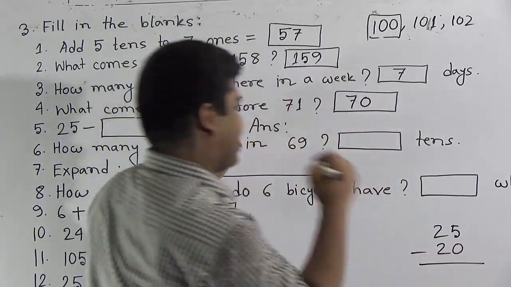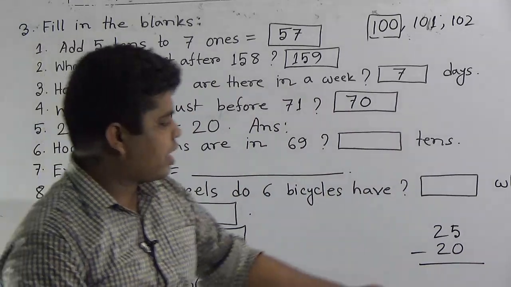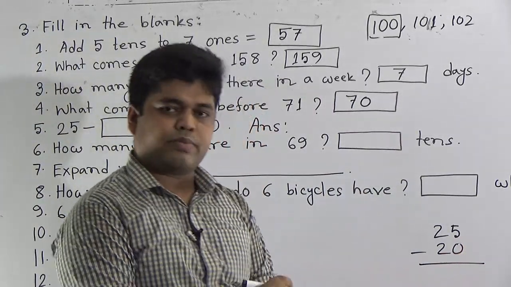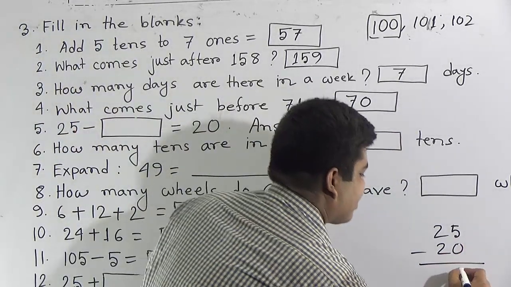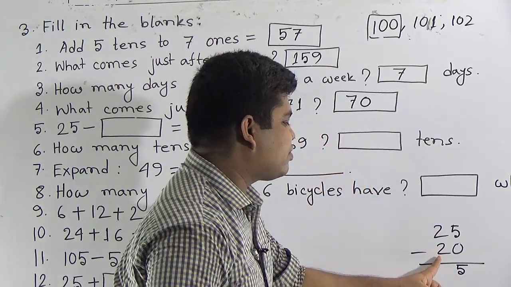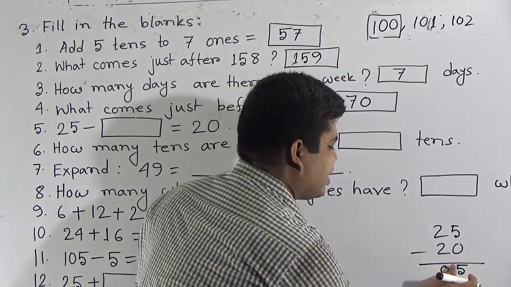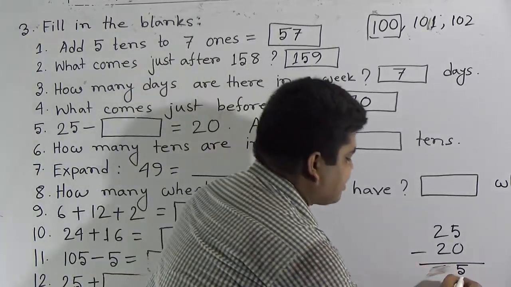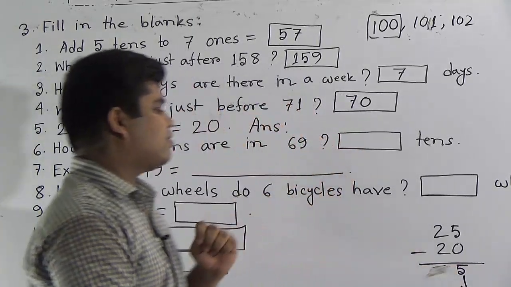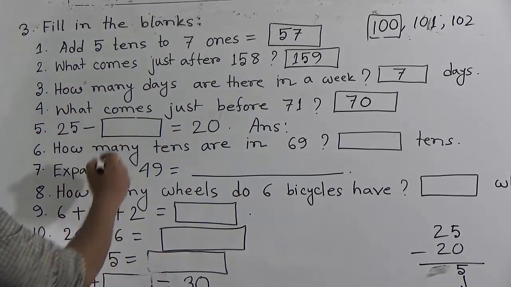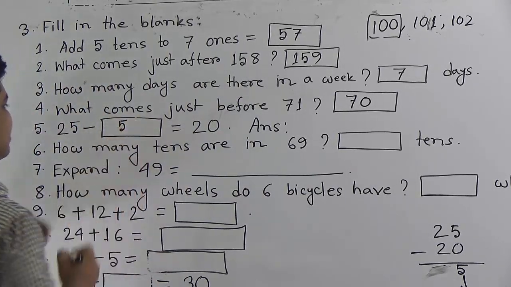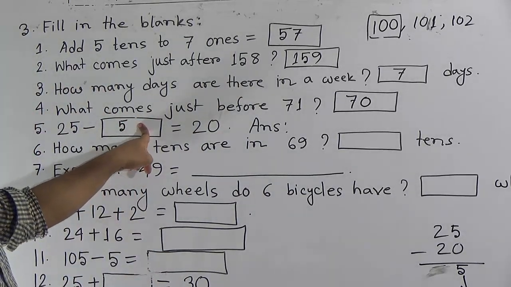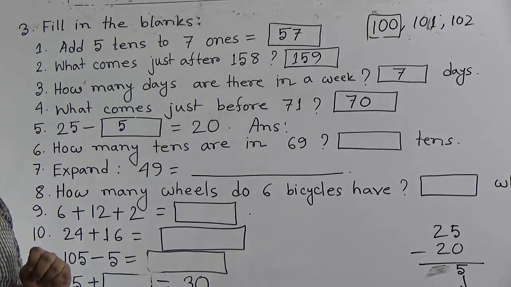Then we subtract. If we subtract 0 from 5, we get 5. And if we subtract 2 from 2, we get 0. We need not write 0 at the left of a number. So the answer is 5. I hope you understood how to find this type of answer. Our question number 5 is done.